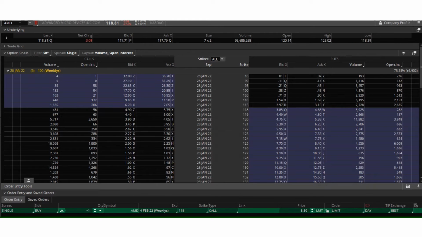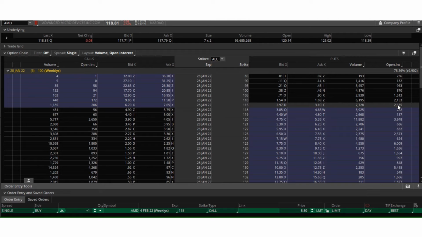We're looking at AMD, and over here, open interest on the call side is a little low, but when you go on the put side, open interest is pretty high. There are more contracts open on this side than there are on the call side.